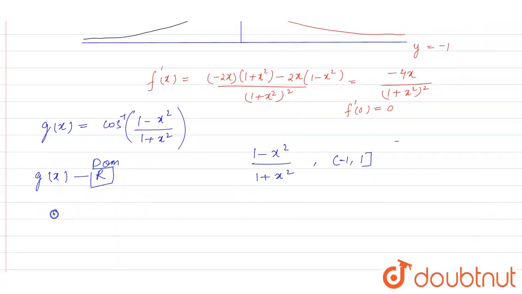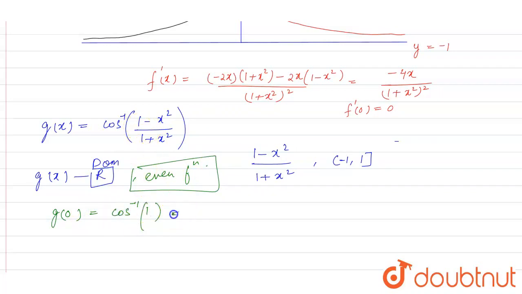Now we'll find out the value of g of 0, and clearly g(x) is an even function also, as if we substitute g of minus x we'll get the same function. So we'll find out g of 0. G of 0 will be cos inverse 1, which is equal to 0.